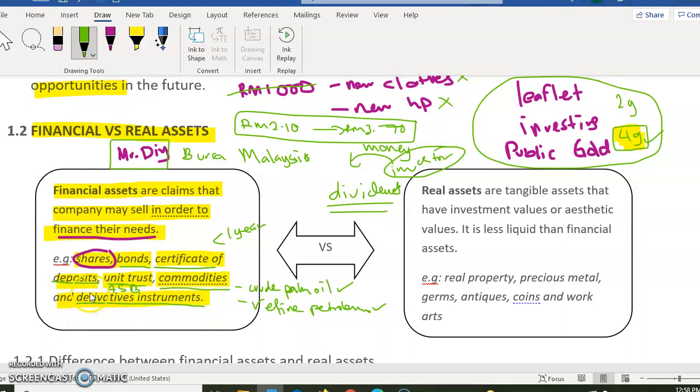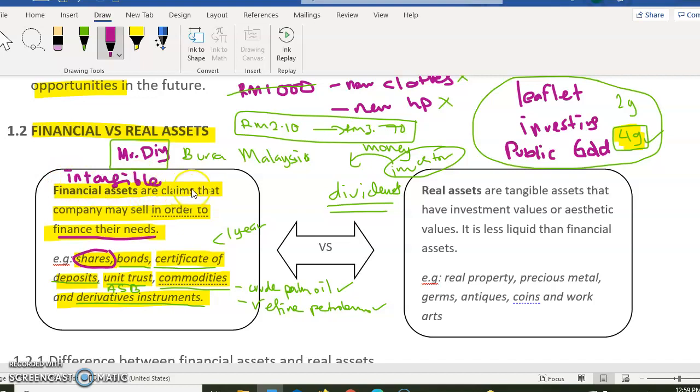So di sebalik shares or di sebalik options or warrants yang dikeluarkan, okay, underlying assetnya adalah crude palm oil or refined or any other types of commodities. Okay, so semua aset ni adalah intangible.